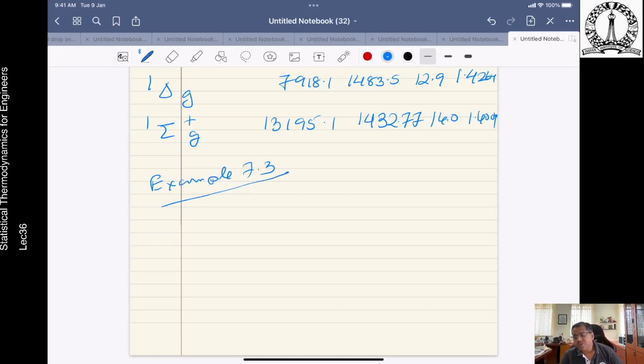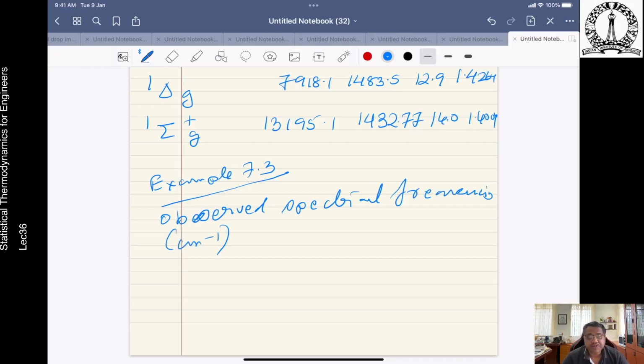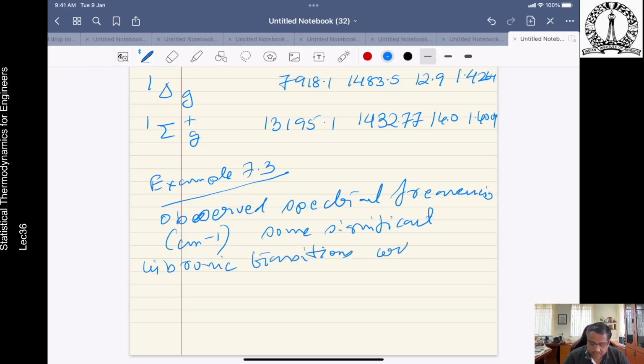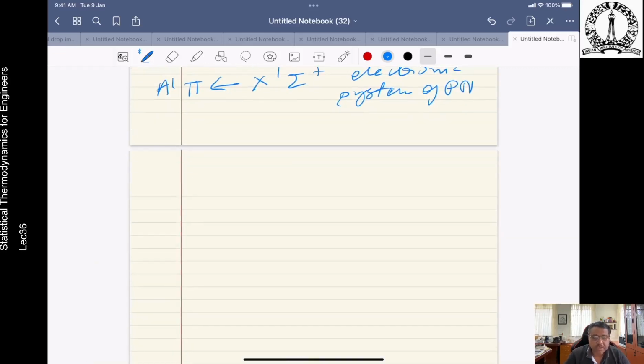Say the observed spectral frequencies, and we will have tutorials on this, in centimeter inverse, corresponding to some significant vibronic transitions within the A1 pi to X1 sigma electronic system of PN. Okay, so let's look at this table.